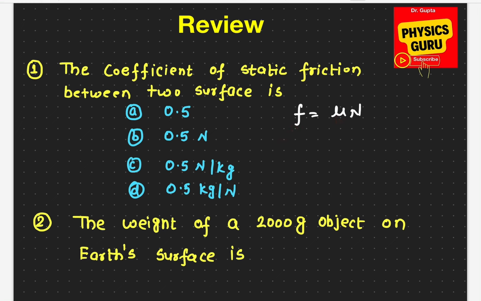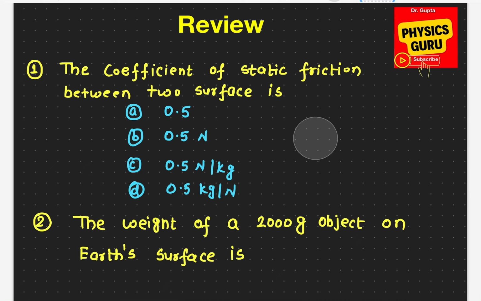The unit of friction force is Newton. The unit of normal force is Newton. So Newton and Newton cancel out. That means mu has no unit. It is simply a number.